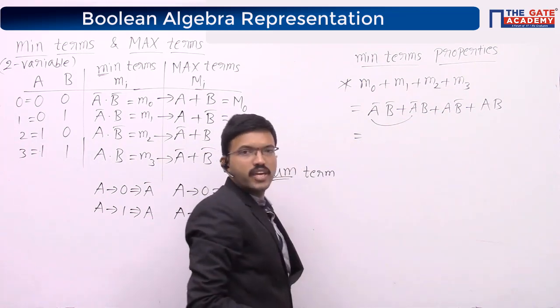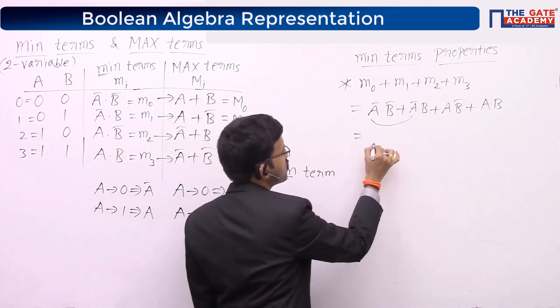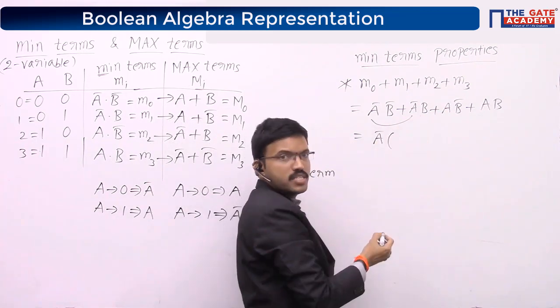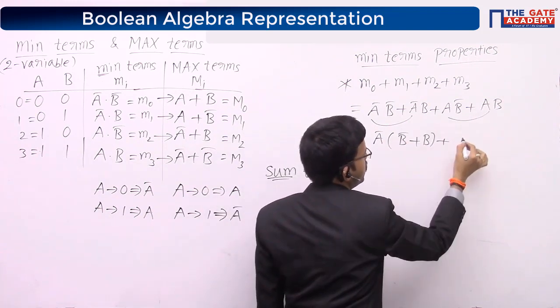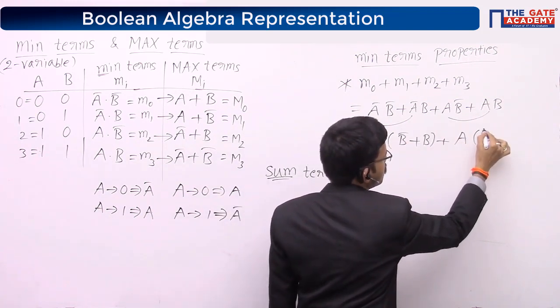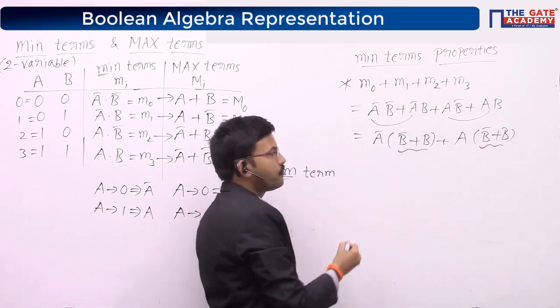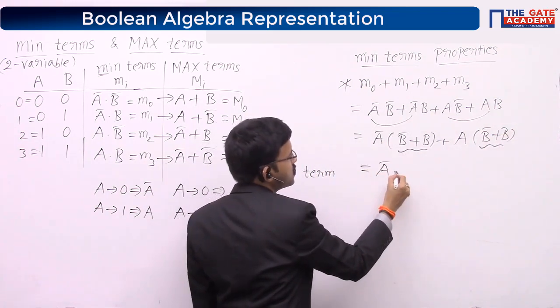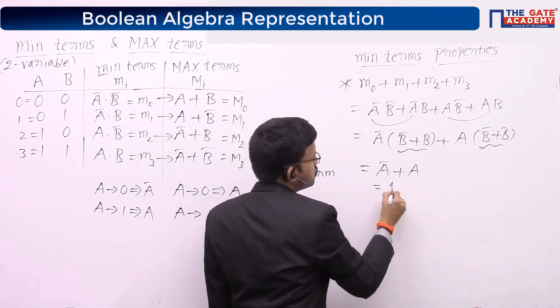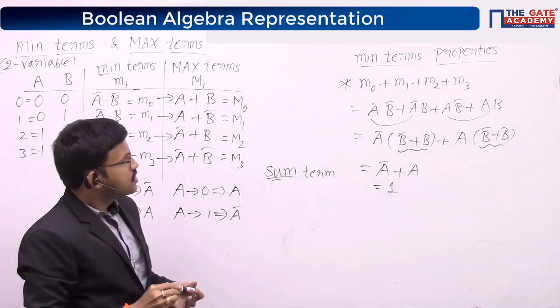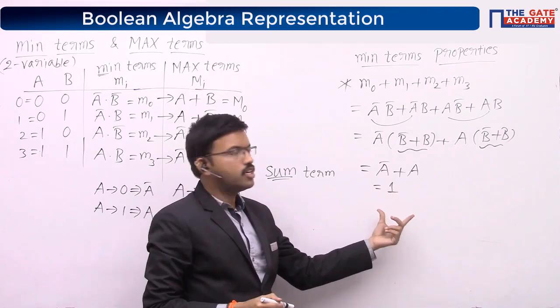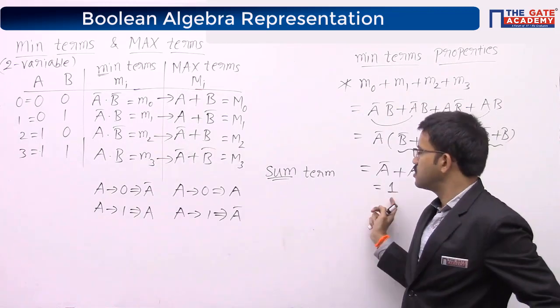In these two terms, we can take a bar as common, so b bar plus b is 1. Similarly, here you can take a as common, you will get b bar plus b, and b bar plus b is 1. So here you will get a bar plus a, that is equal to 1. That means sum of all min terms is equal to 1.